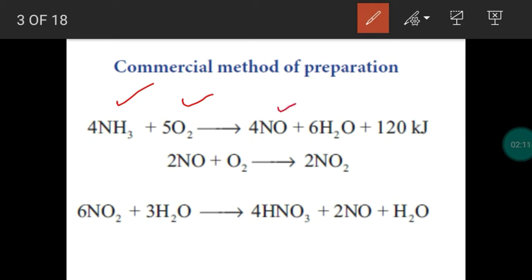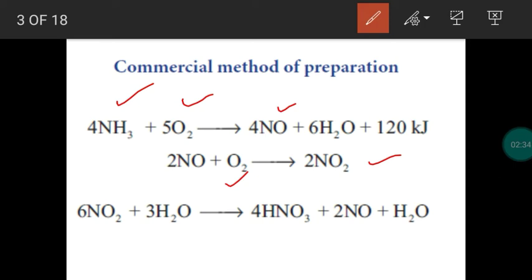We get nitric oxide first. Nitric oxide will again join with oxygen. It forms nitrogen dioxide. So initially we pass atmospheric air with ammonia at high temperature around 1275 Kelvin. It forms nitric oxide. Nitric oxide combines with oxygen, it forms nitrogen dioxide.